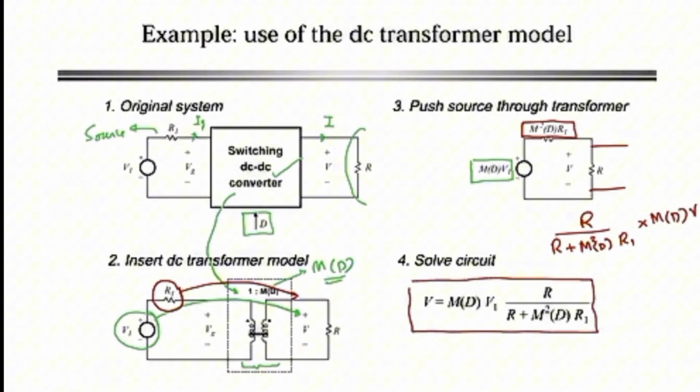So it will result in this equation. So once you convert your DC to DC converter into the transformer model, you can use all the basic concepts of the transformer model to simplify the converter circuits.